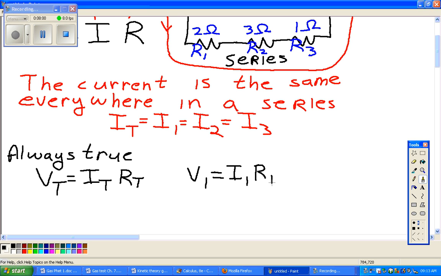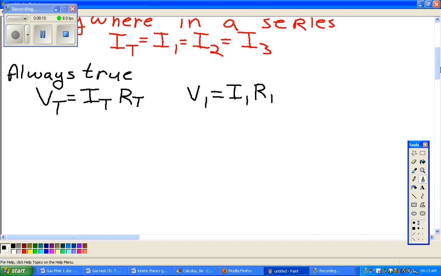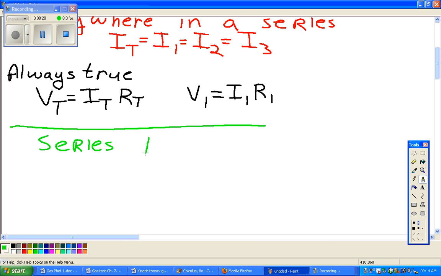So, without going through a lot of derivations, which I'm happy to do if you'd like, you're going to come up with the result that adding up the resistances is how you find the total.